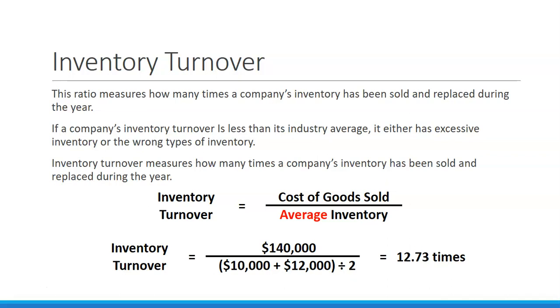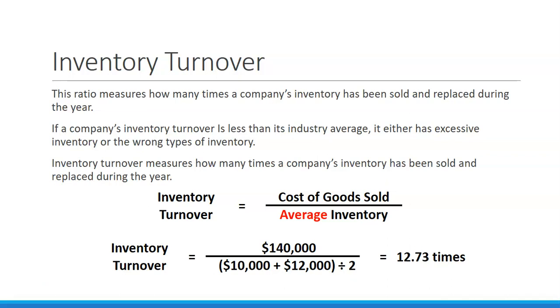You're going to see, for example, a car salesman or a car company is going to turn over their inventory less often than, say, a grocery store will. So inventory turnover is the cost of goods sold divided by average inventory. And that average inventory is year 1 plus year 2 divided by 2, or year 2 plus year 3 divided by 2, year 3 plus year 4, depending on the years that you're looking at.